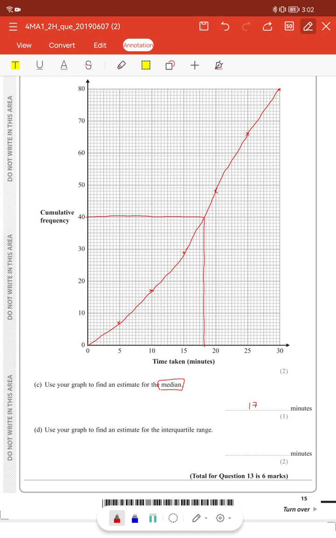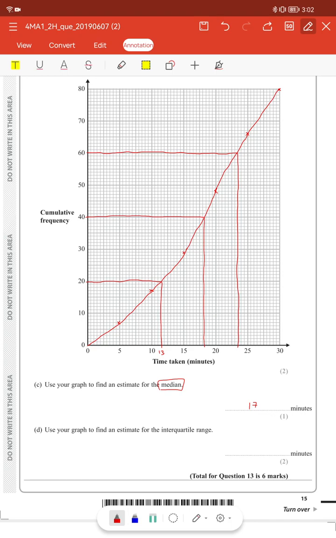An estimate for the interquartile range. So we want to go 1/4 of the way, which would be 20. And if we come down, that would give us 13, and we go to 60. And if we come down here, how much would that give us?